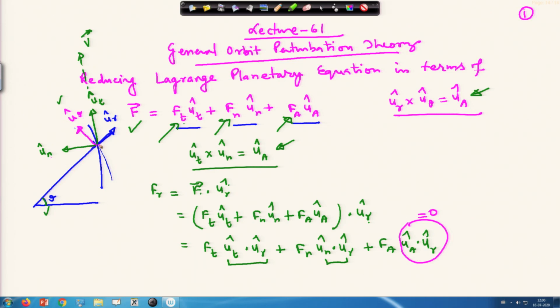A is a vector which is coming out of the paper, which I have not shown here. Generally, it is shown by the head of the arrow. So, f a can be shown like this, or we will write it as u a cap. This is u a cap, shown by this pink dot coming out of the paper. And also the green one, the u a is in the same direction for u t, u n and u a set.